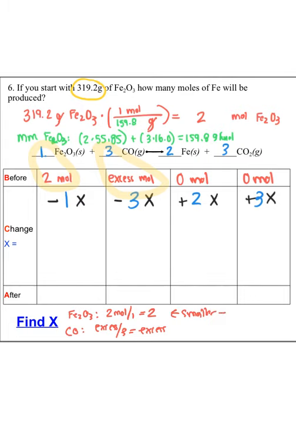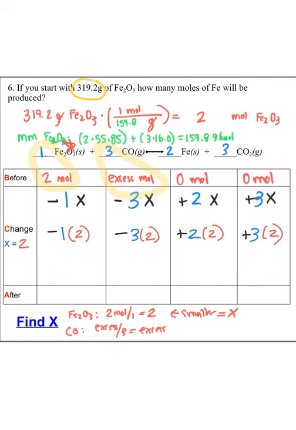So that becomes my X, which means the chemical that gave me my X value, Fe2O3, is my superstar. So if X is equal to 2, that's what we're going to plug in to each of these. Minus, minus, plus, plus, 1, 3, 2, 3. And now let's plug in that X value. X is equal to 2, and it's all about the superstar. So notice I use the same X value for all of them.